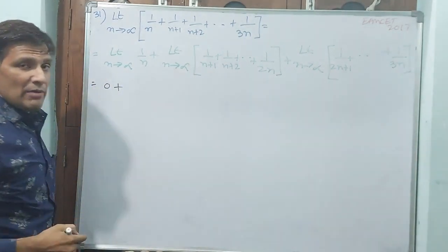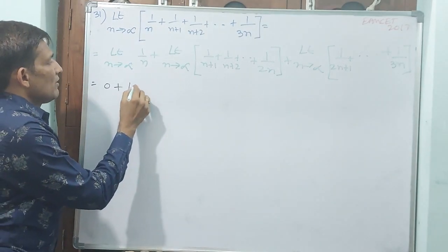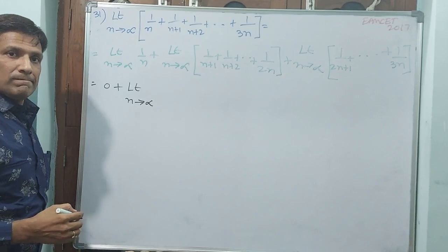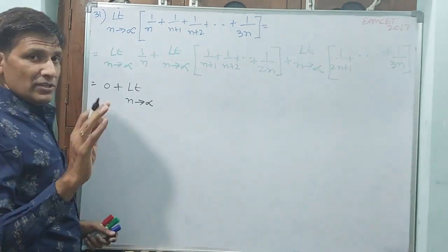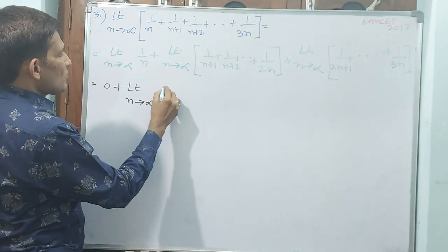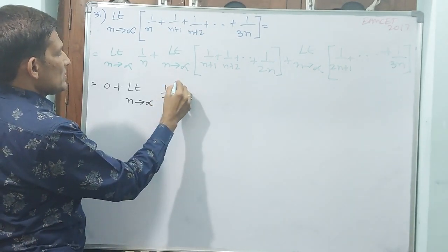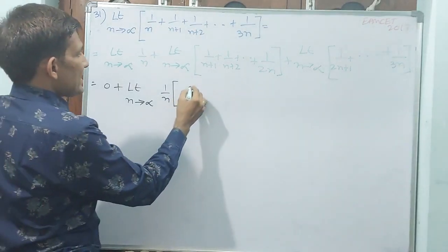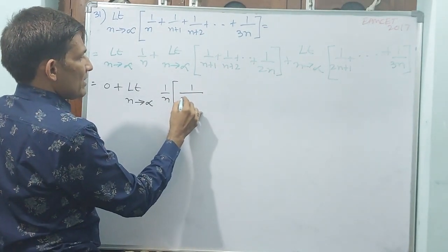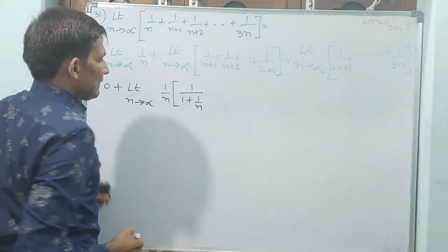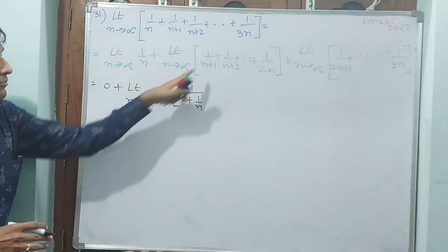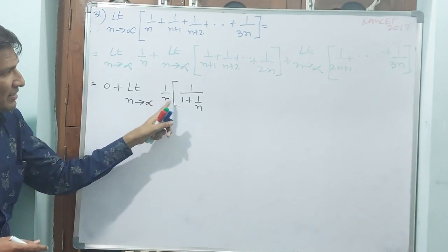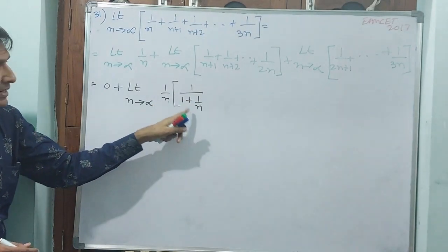Now observe carefully how I am changing this. This is very crucial. Limit n tends to infinity. See, 1 by n I am taking outside. If I take 1 by n outside, 1 by 1 plus 1 by n is the first term. Then n plus n by n, n by n is 1, n plus 1.